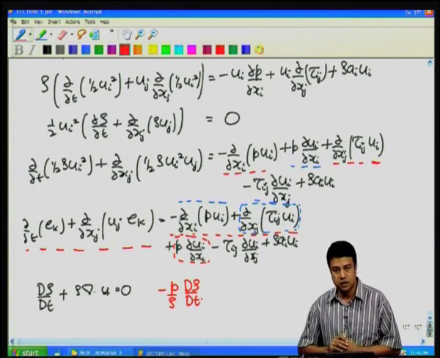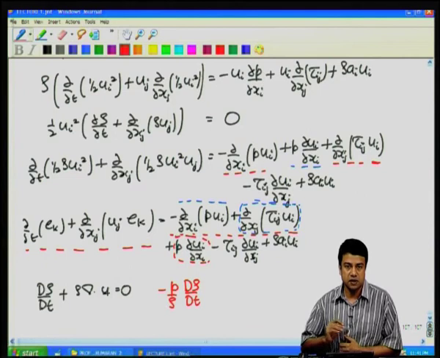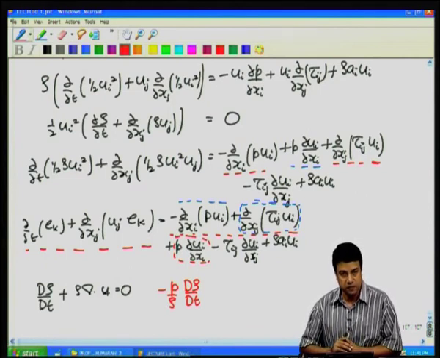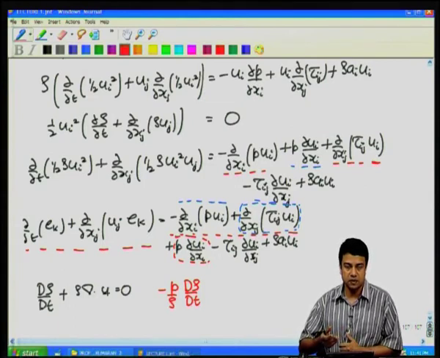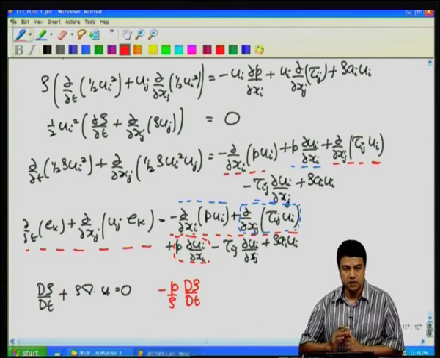This is the work done due to volumetric expansion or compression due to the change in density of the fluid. This is reversible in the sense that when the volume increases, the fluid does work on the outside, whereas when the volume decreases or the density increases, work is done on the fluid. So, this is a reversible work term.